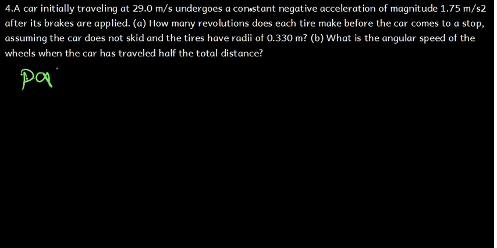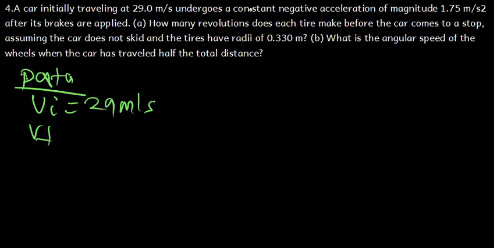Okay, so now let's come up with the data again. They are saying that a car initially traveling, meaning we have the linear velocity, not the angular, the initial velocity to be 29 meters per second. When it comes to a stop, the final velocity is 0.